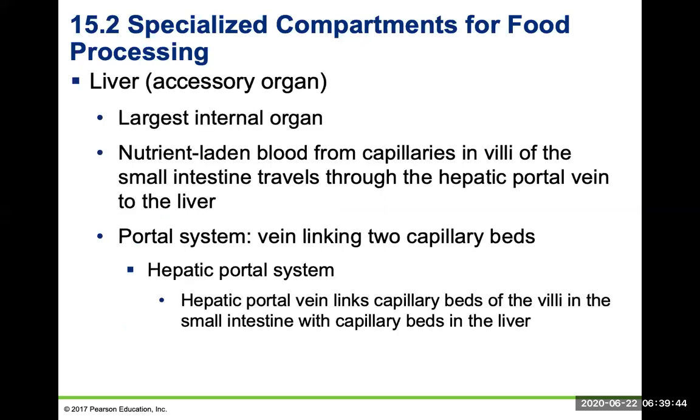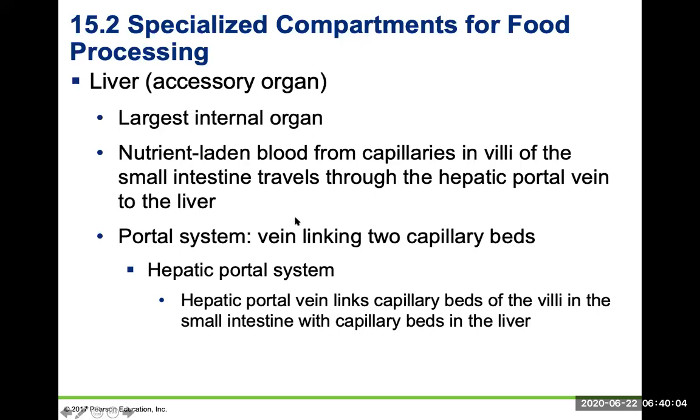The liver is your largest internal organ. It's very important and basically just detoxifying everything that goes into the digestive system, into the blood. So the nutrient-laden blood from the capillaries and the villi of your small intestine travels through the hepatic portal vein to the liver.